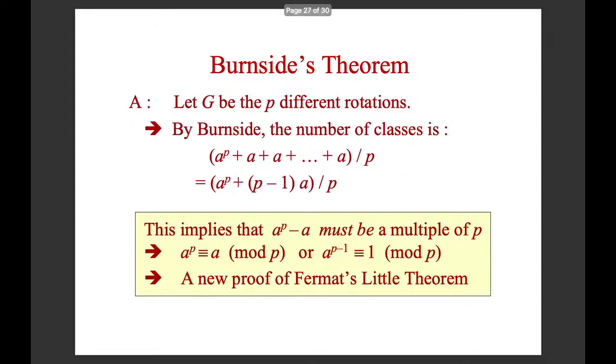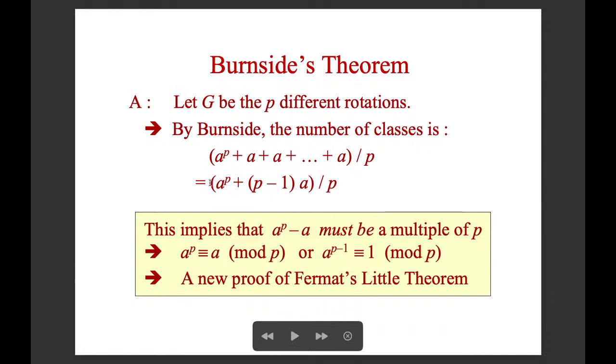So for all the others, there are exactly a invariants. Altogether, the number of equivalence classes is a to the power p plus p minus 1 times a, divided by p.